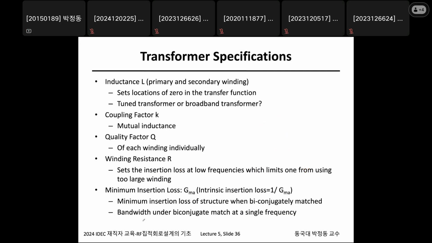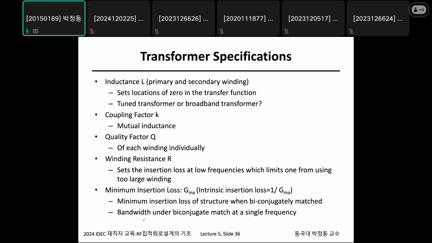Okay, so here are the transformer specifications. The most important one is the inductance, which sets the location of the zero in the transfer function. And we need two inductors for the broadband transformer.